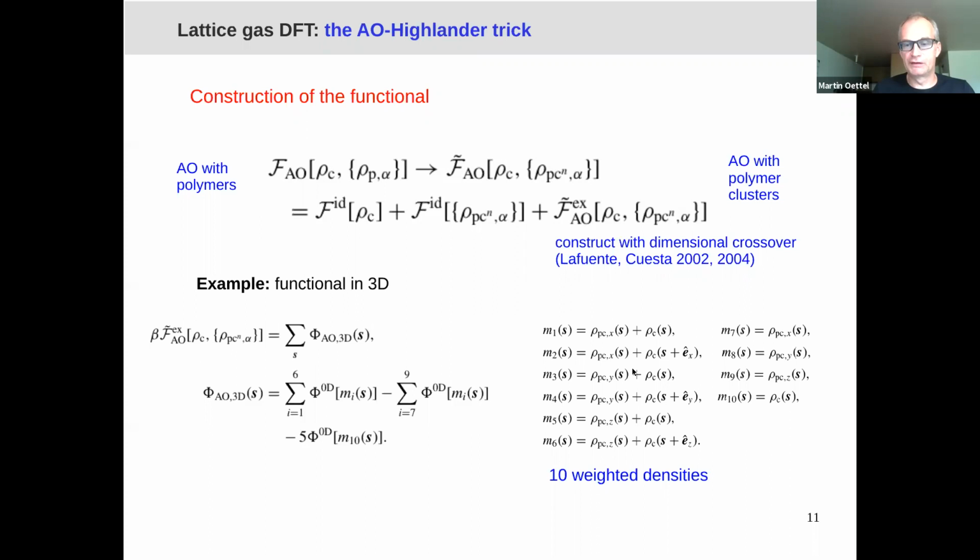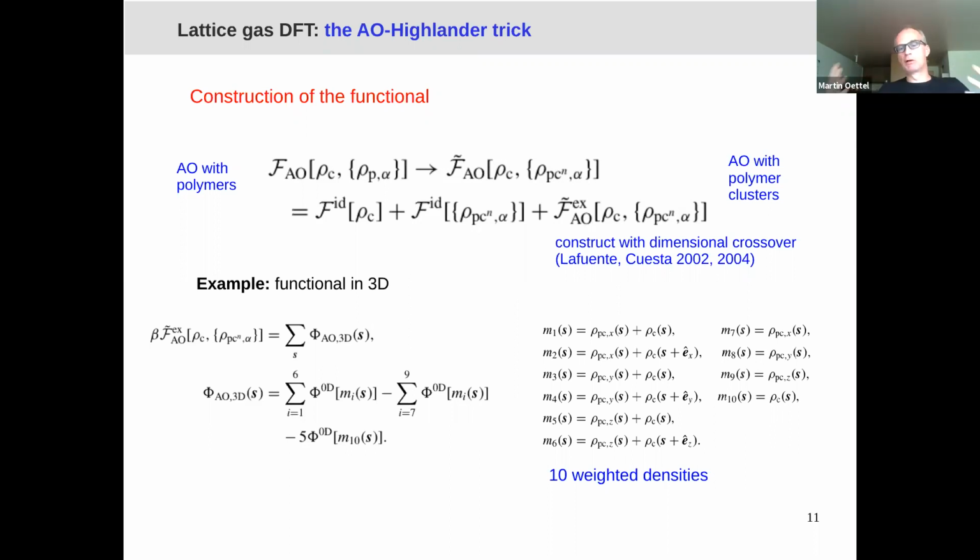And the weighted densities are either local densities in terms of colloids and polymer clusters, or some non-local densities for a combination of colloid and polymer cluster densities. So the advantage of this Highlander treatment is that in the end, we have only one polymer cluster density for each polymer species, which is actually a sum of all cluster densities of different particle number in the cluster.